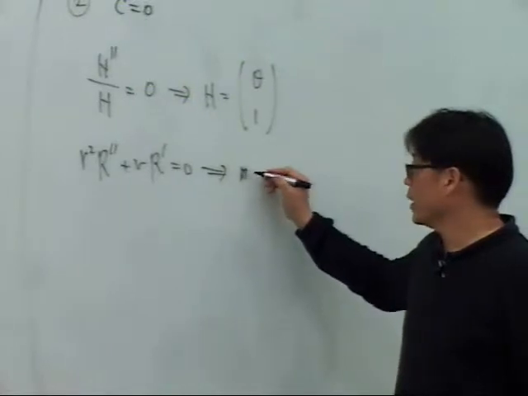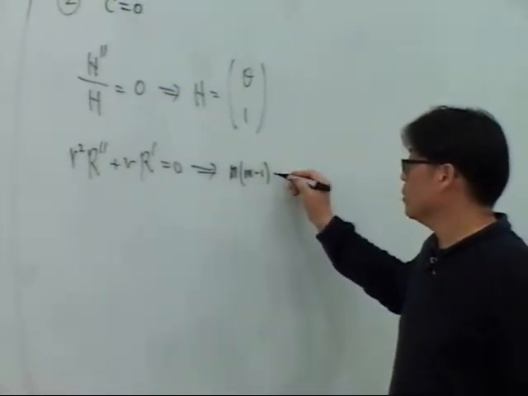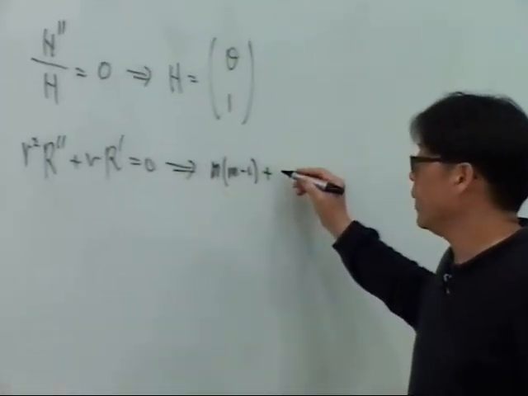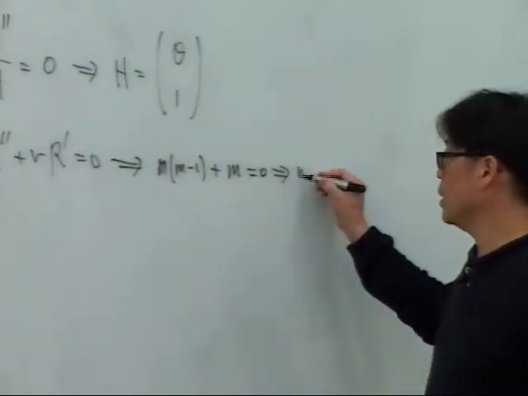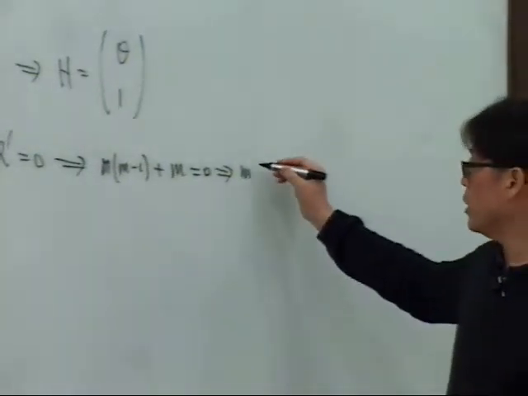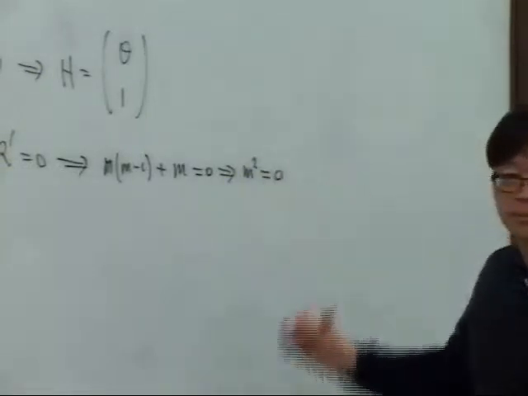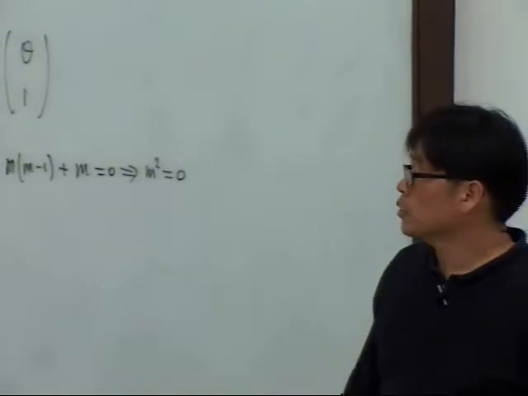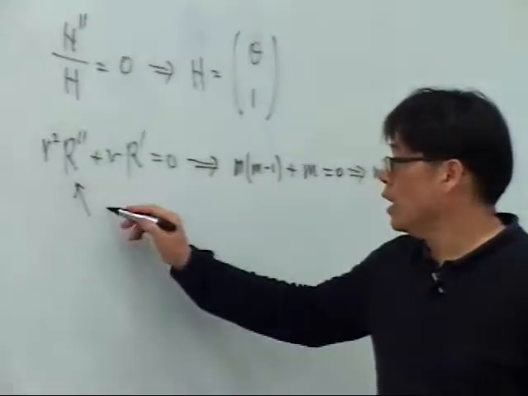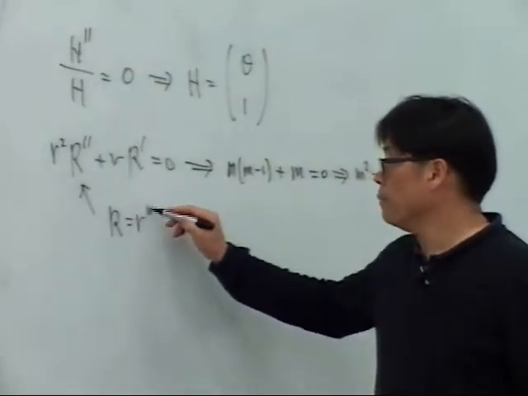So we get m times m minus 1 plus m equal to 0. So this means m squared is equal to 0. So we substitute here R equal to r to the m.